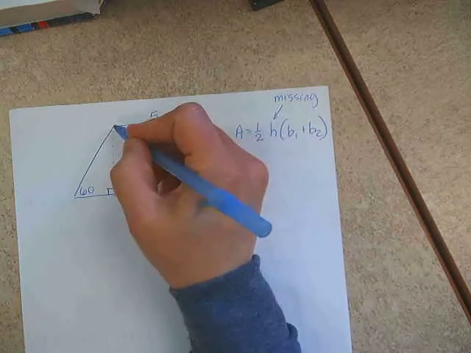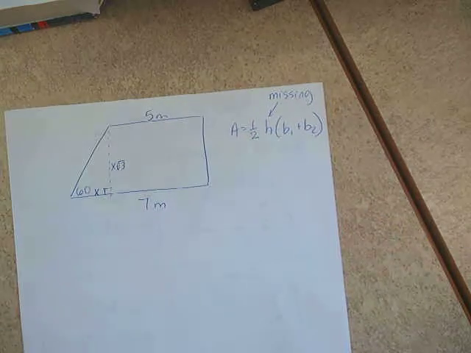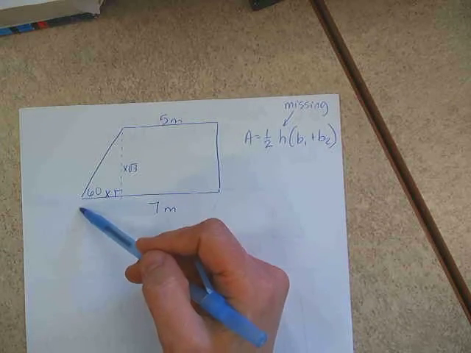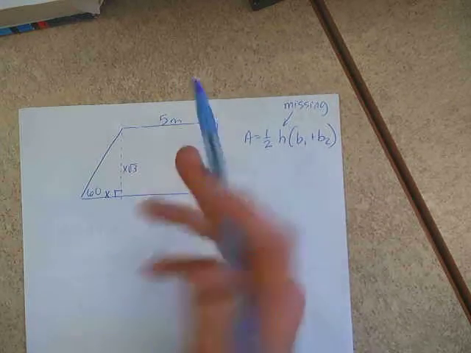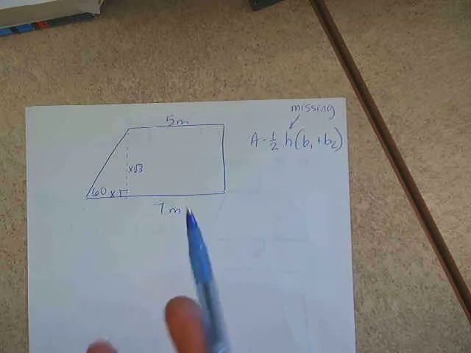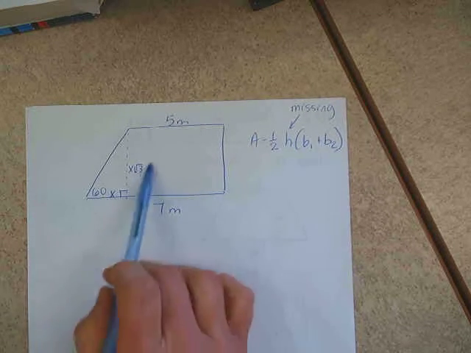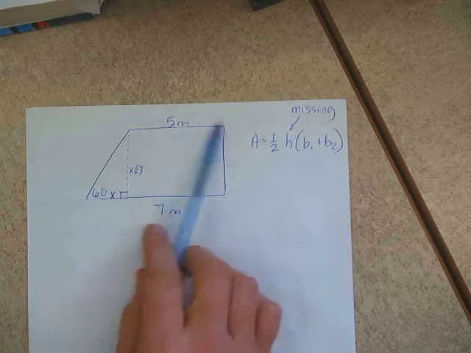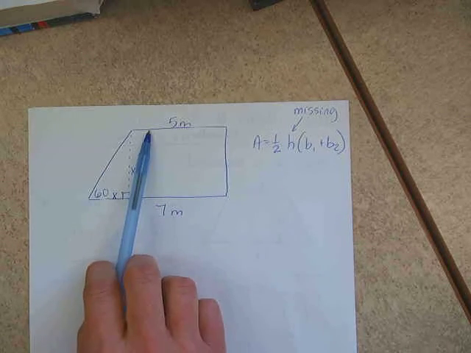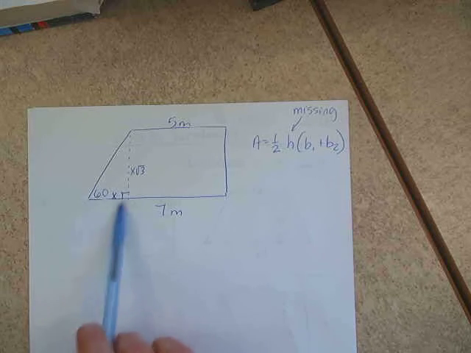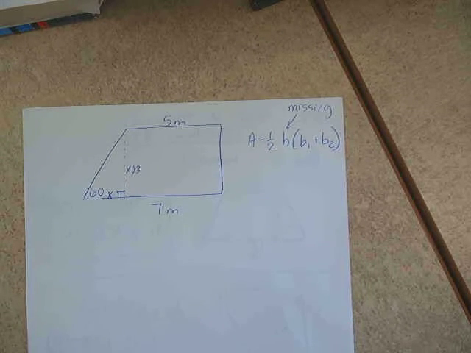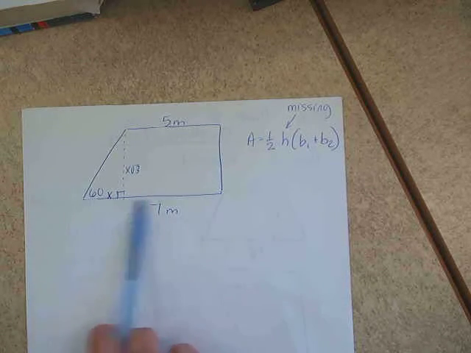Then you're going to start labeling your ratios. So across from 60 is x radical 3. Across from 30 is x, and really we don't need the hypotenuse because that's not a height anyways. You might still be thinking, but I don't know any of those side lengths, but actually you do, because these are parallel. This is a rectangle, so how can I find just that piece?